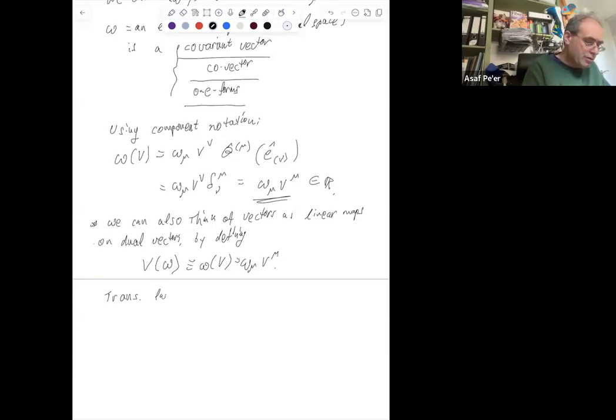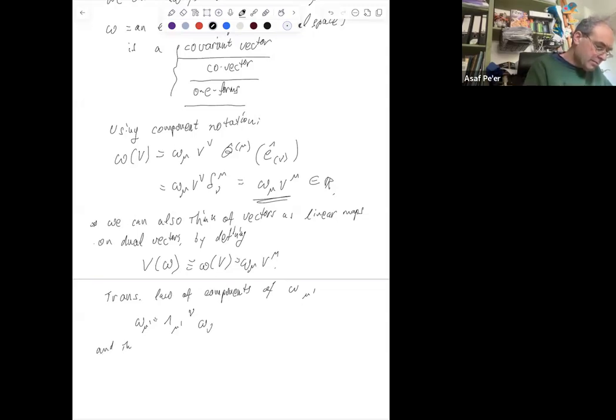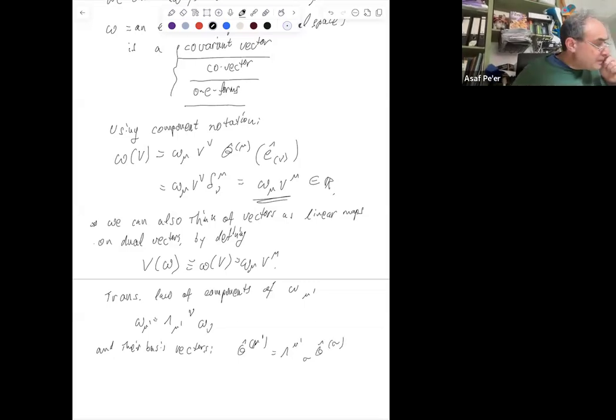The transformation law of components of omega: omega_mu' is Lambda_mu'^nu omega_nu, and of the basis vectors theta^mu' is Lambda^mu'_sigma theta^sigma.